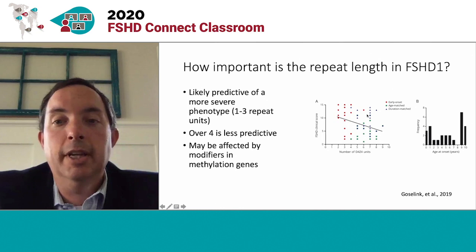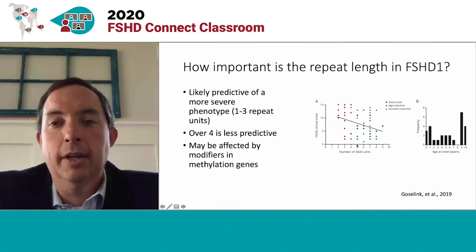And here you can see, in a 3-dimensional way, they've also looked at whether or not people had early onset or were either age matched or duration matched. And what you can see is that if you have less than 3 repeats, you will often have a more severe FSHD clinical score and also an earlier age of onset.